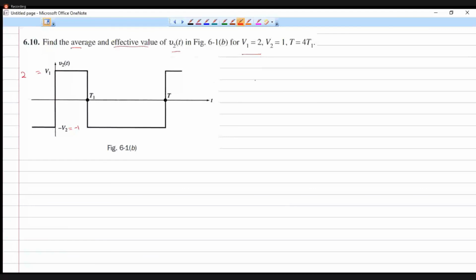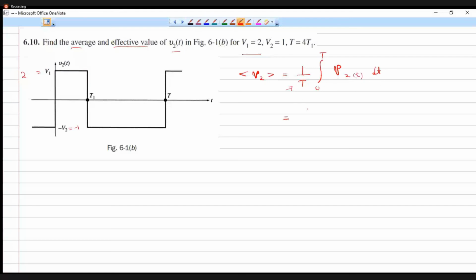What is the average value? So quickly recalling the average value formula, that is equal to 1 by the time period. Remember that this is the time period, integral over the time period of this function v2 of t dt. Okay, so this is the formula for average.